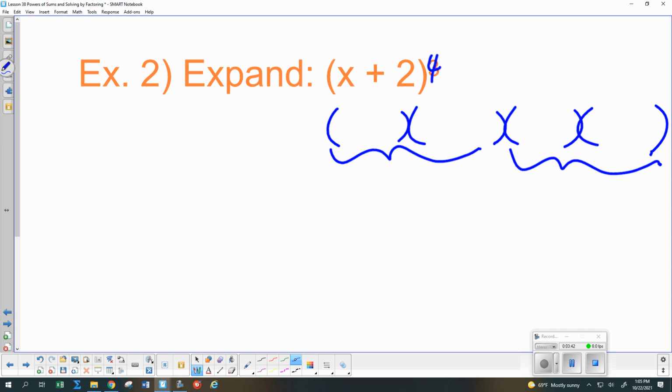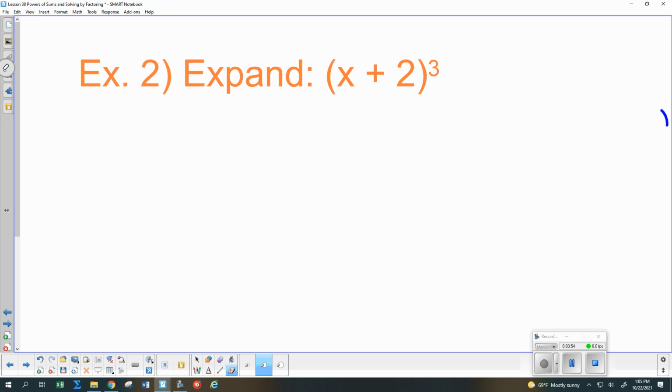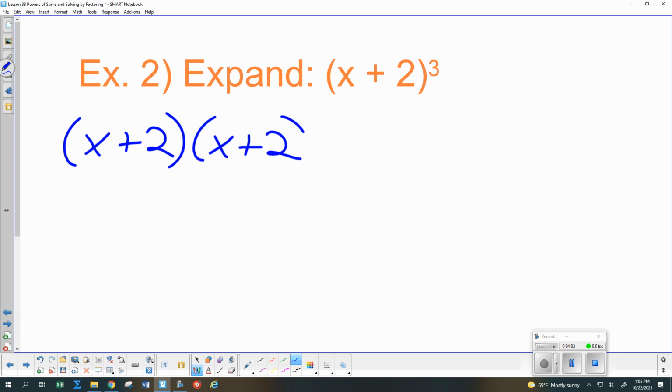But if you had more, you'd just write them out and you'd group them 2 at a time, as many as you could, and then you'd keep going until everything had been multiplied by everything else and you were finished. So let's go back to what this one really says. This one really says that we have x plus 2 times x plus 2 times x plus 2.